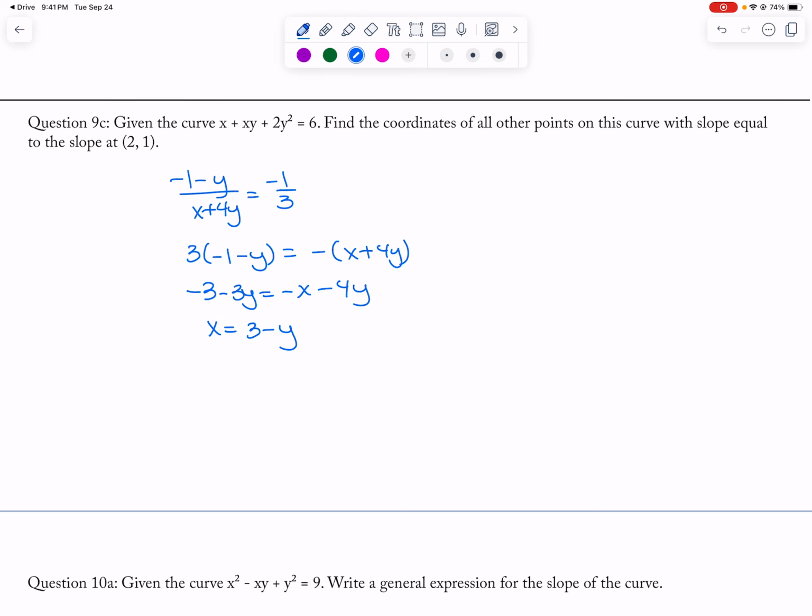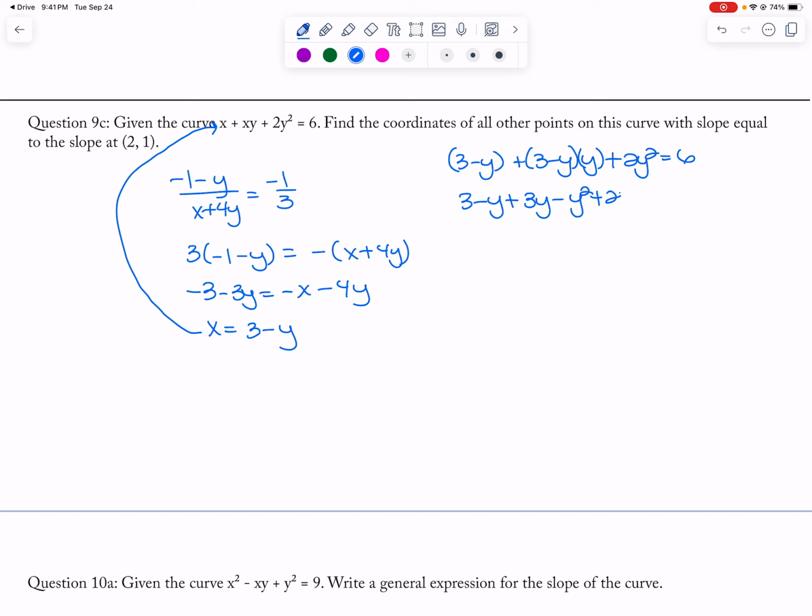So now what I need to do is take this and plug this into the original equation to solve. So I have 3 minus y plus (3 minus y) times y plus 2y squared is equal to 6. So 3 minus y plus 3y minus y squared plus 2y squared is equal to 6.